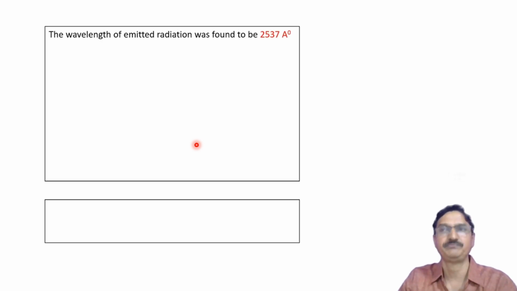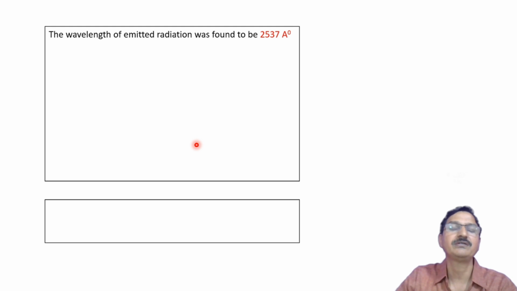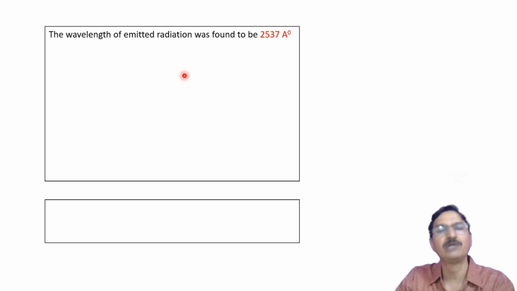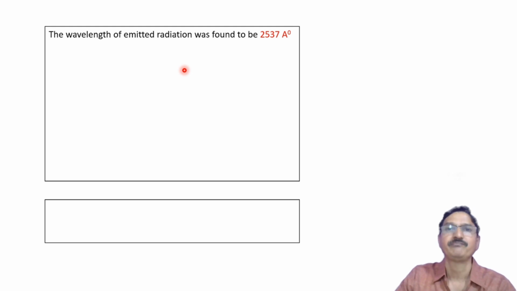Again, when the electron comes back from the higher orbit to the lower orbit, radiation is emitted according to Bohr's third postulate, and that emitted radiation has the wavelength according to the equation hν = E2 - E1, where E2 is the higher energy state and E1 is the lower energy state.